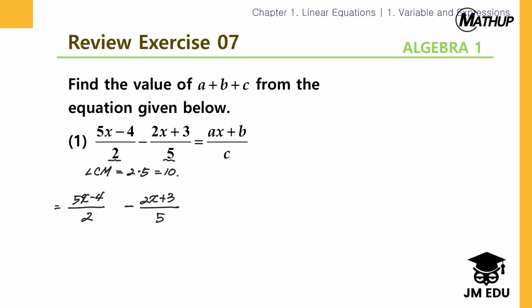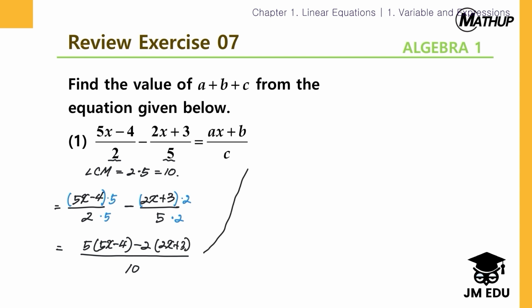We're going to multiply by 5 here to make this one 10, and all of this expression by 5. Multiply by 2 here, and all of this expression by 2. So that is equal to, now the denominator is 10. We have 5 times 5x minus 4 minus 2 times 2x plus 3.